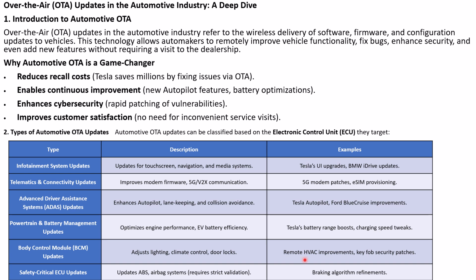The example is remote HVAC improvements, key fob security patches. And coming to the safety critical updates, the description is updating the anti-lock braking system or airbag system, which requires strict validation, and the example is braking algorithm refinement. So these are the various ways in which OTA is already being implemented in the market.